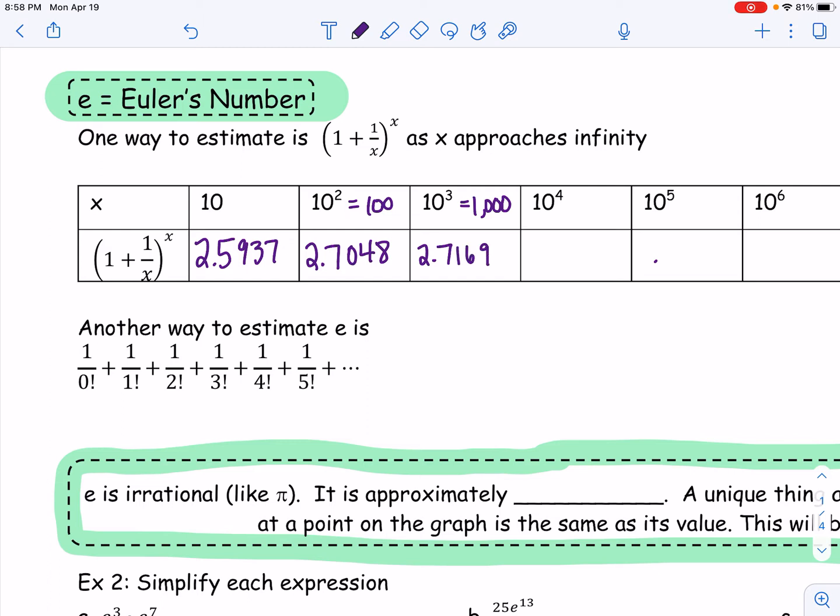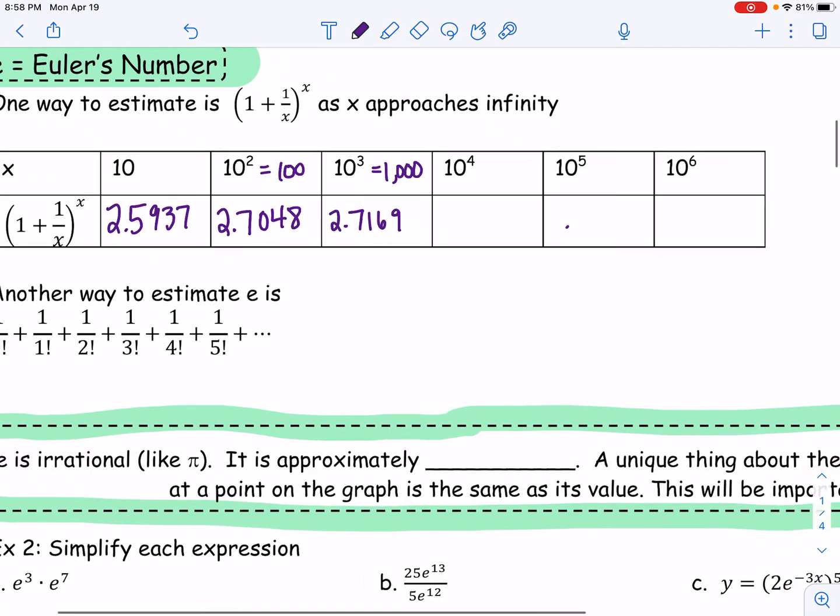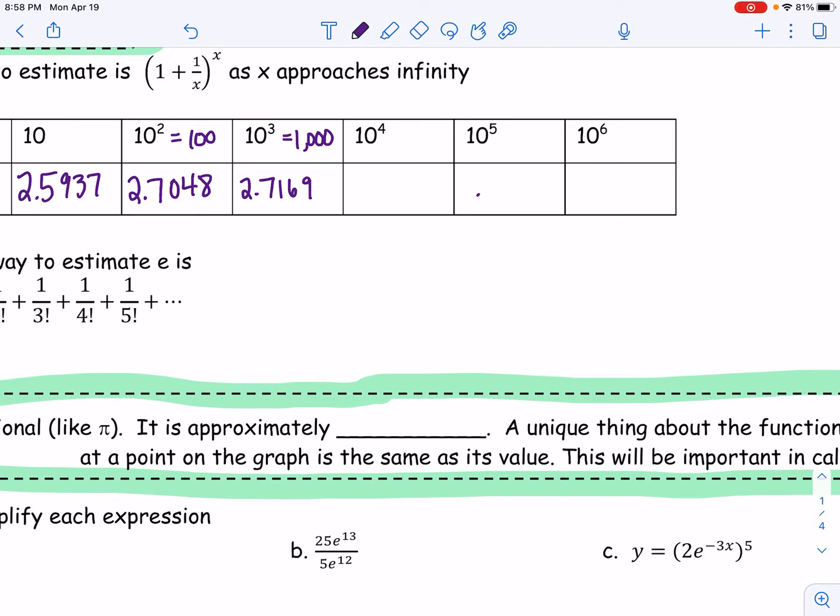If I plugged in 1,000, I would get 2.7169. Notice I want to write a couple of digits after the decimal so we can see that change and we can see how it's getting closer and closer to a specific value. 10 to the 4th, which is 10,000. If I plug in that number, I would get 2.71815.